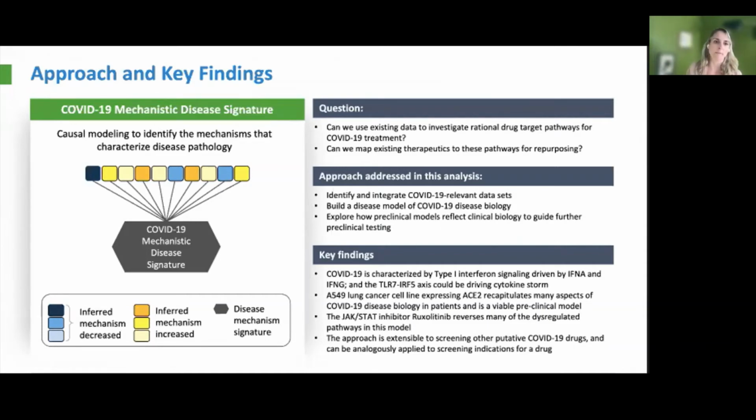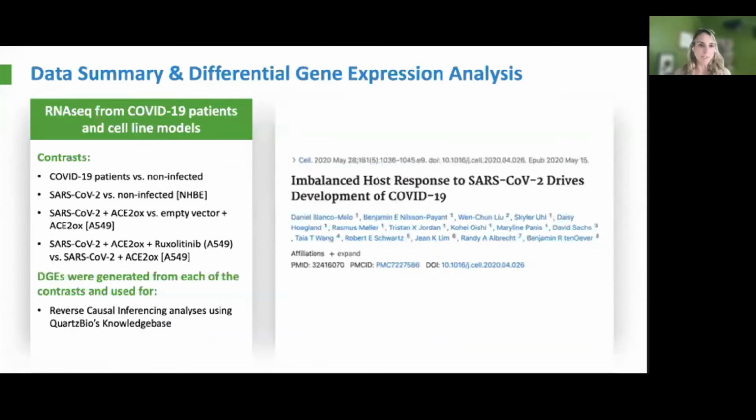This group published data that looked at transcriptomics and some other data modalities, but we only looked at transcriptomics from human lung biopsies, people with COVID and also people without COVID. So we had healthy controls and could do a differential gene expression analysis. They were also looking at different cell line models of COVID and also a ferret model. We didn't look at the ferret one yet, but that would be pretty cool.